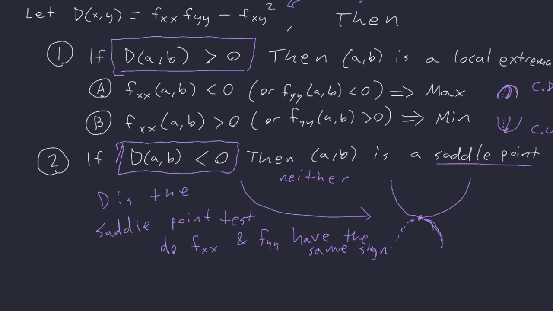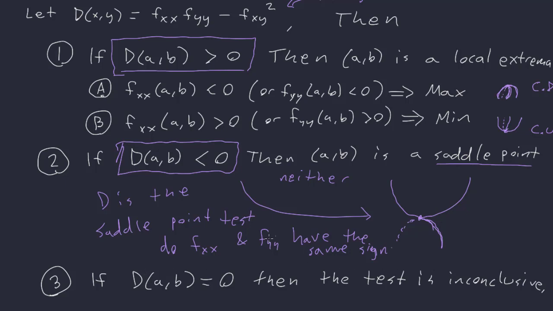And then the third case, just like in Cal 1, if D(a, b) equals 0, then the test is inconclusive. You'll have to do something else to figure out what's going on at that critical point.